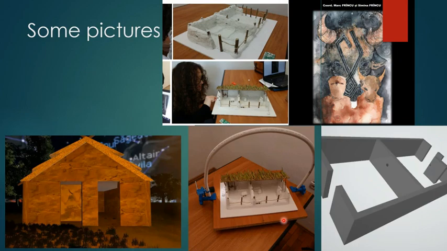Here are some pictures from all these. You can see here the clay model, one of the students working on it, and then a laptop displaying some replicas. Here, some images, and the student uses those images as reference in the design.